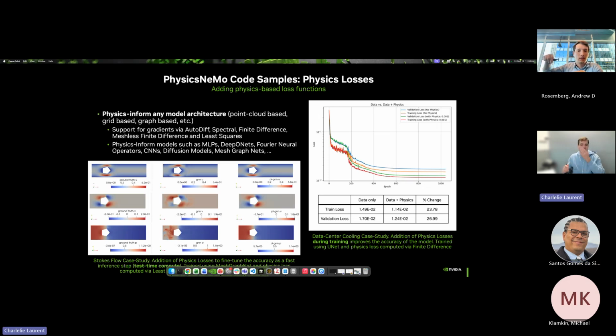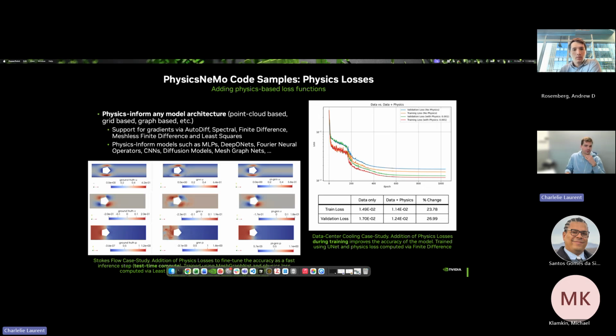Oh, that's a good point, actually. There are a lot of different ways to compute the residual, and AutoDiff is one of them. There is also spectral difference, and there is finite difference. Here it is finite difference.